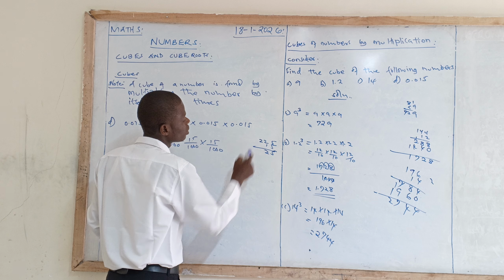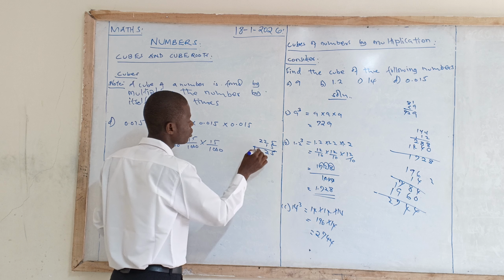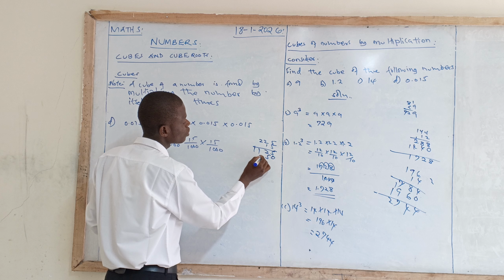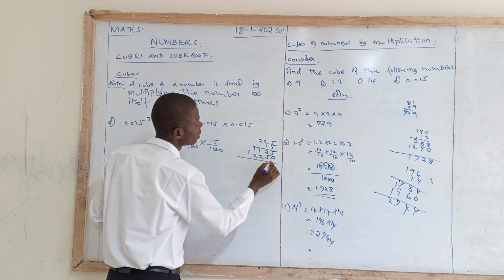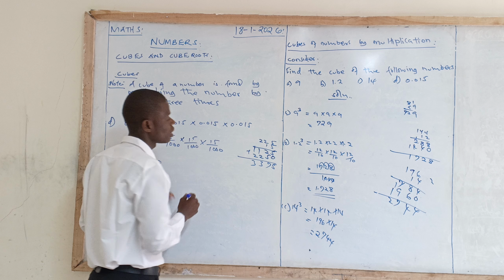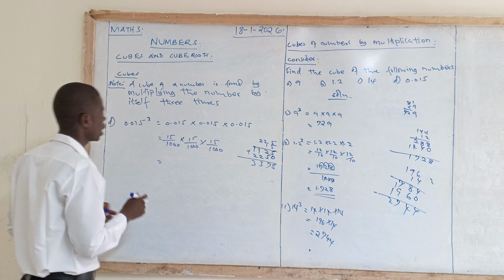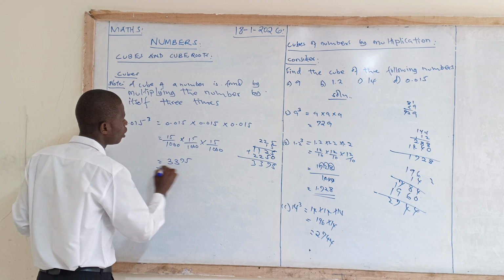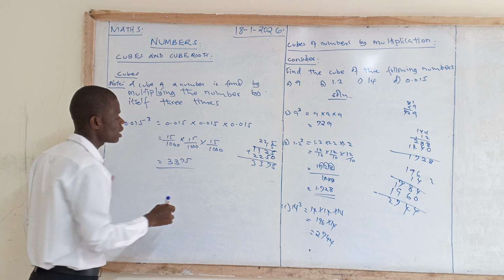Carry 1. This now 10 plus 1, 11 now. Then 0. So this now will be 5, 2, 2. Add. This now 5, 7, 3, 3. Okay. So we have 3,375 over 1,000 times 1,000 times 1,000.